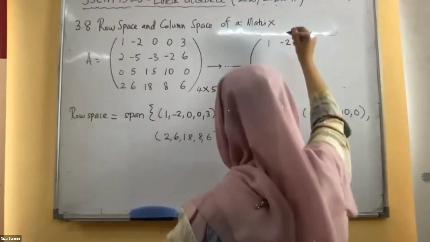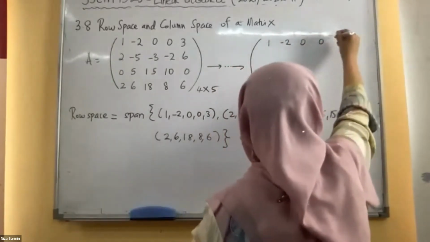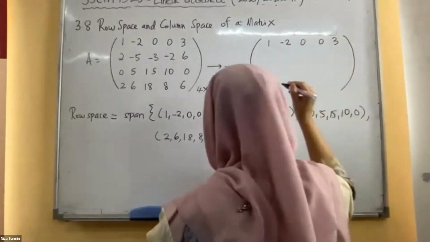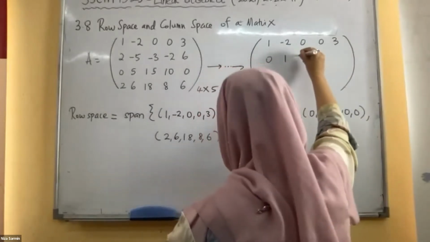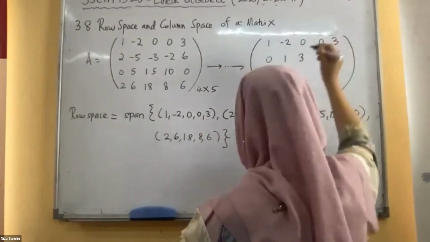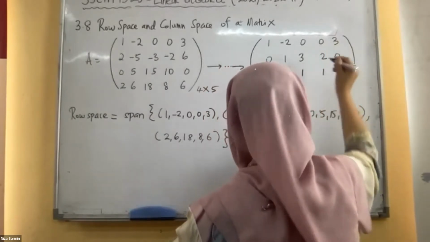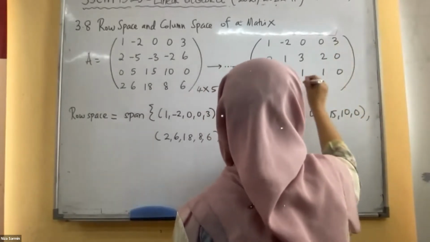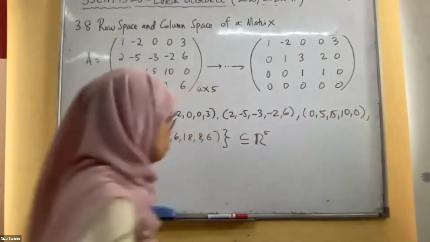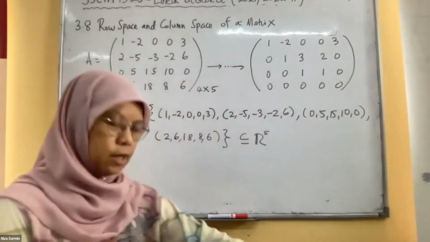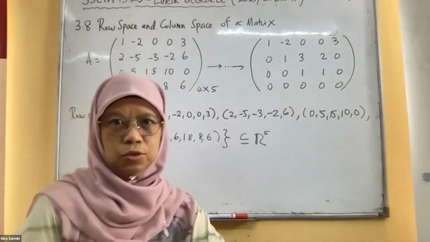1, -2, 0, 0, 3; 0, 1, 3, 2, 0; 0, 0, 1, 1, 0; 0, 0, 0, 0, 0. I did not change the rows.